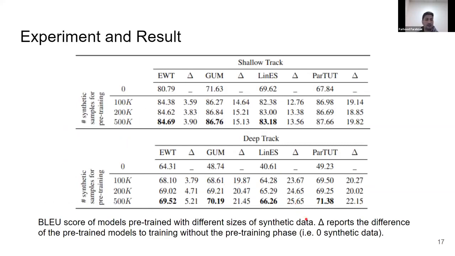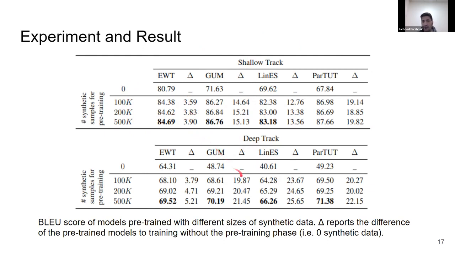Here we can see the results of our model with and without pre-training on synthetic data. On the top for the shallow track and on the bottom for the deep track. Rows with 0 mean there was no pre-training on synthetic data, and the other rows mean we pre-trained with 100,000, 200,000, or 500,000 synthetic samples. We can see that pre-training on synthetic data, for both the shallow and deep tracks, gives at least 3% improvement.